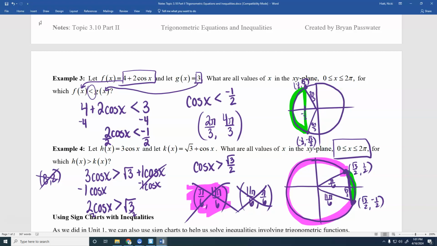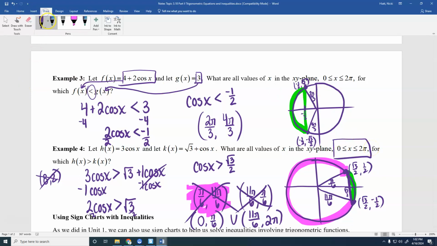That's better than what we've tried so far, but still not okay because they told us we have to go 0 to 2 pi. 0 to pi over 6 and 11 pi over 6 to 2 pi. Yes, 0 to pi over 6 and 11 pi over 6 to 2 pi. You have to split it up because they told us we have to go from 0 to 2 pi.